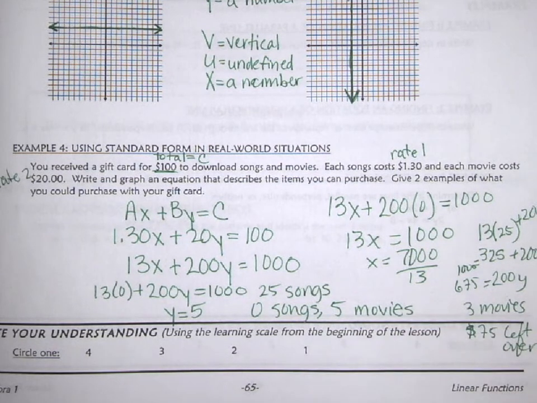If I'm going to spend all of my money, then I could do, I may have to think about that. To spend all of your money and buy a combination of songs and movies.